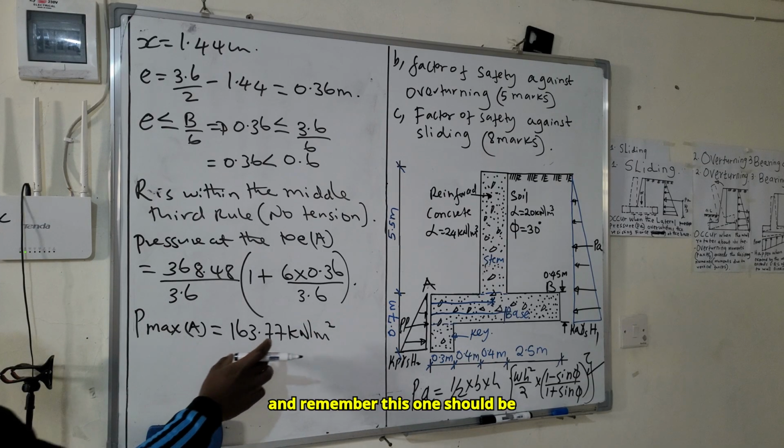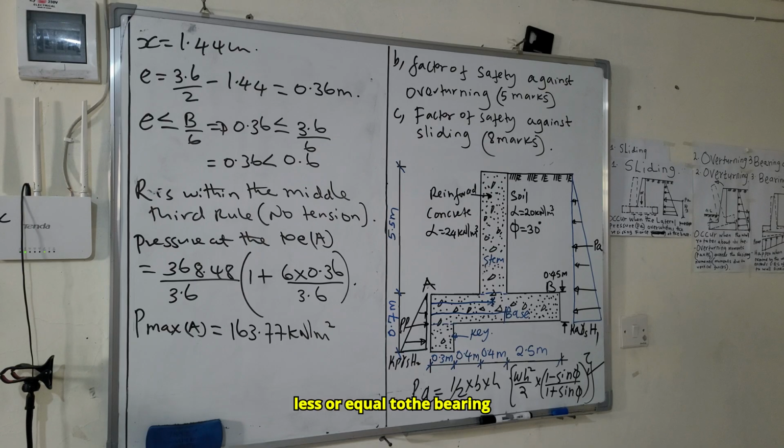And remember, this should be less than or equal to the bearing pressure of the ground. It therefore means our bearing pressure of the ground is 150. Let me check in the question. Yes, it's 150 kilonewton per meter square.